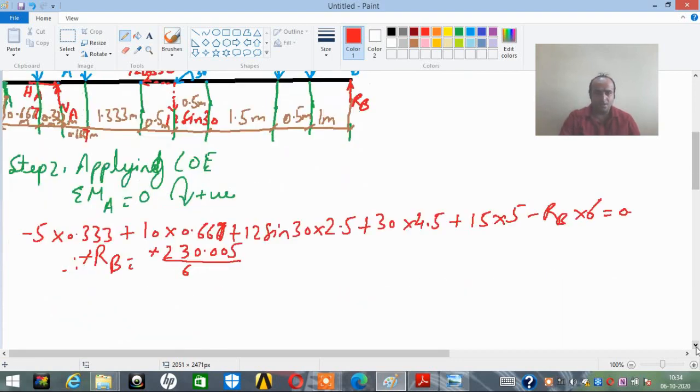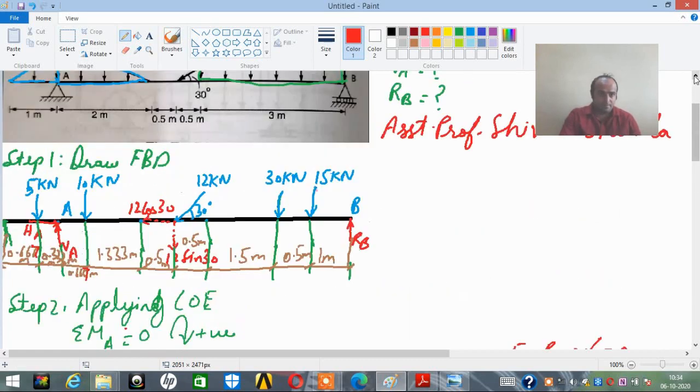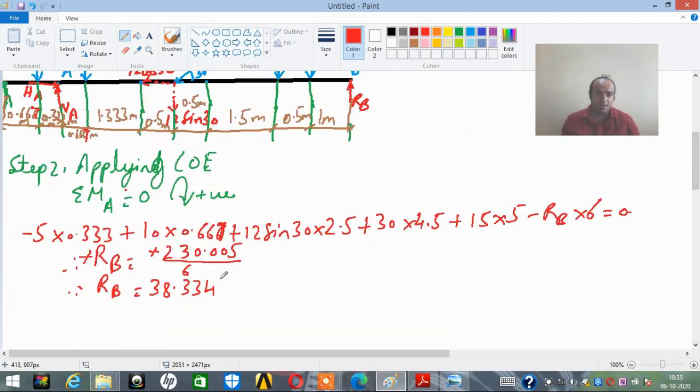And friends, here the value of RB came out for me, therefore RB is equal to 230.005 divided by 6, which is 38.334. Friends, please don't forget to write the units, it is mandatory. So kilonewton, and yes, it is acting upwards.